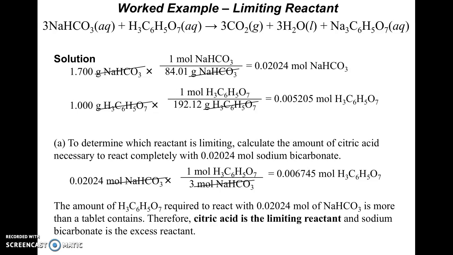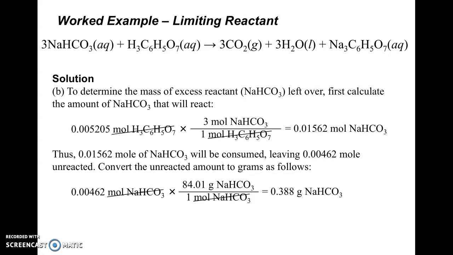You need 0.006745 moles, and that is more than you have, because you only have 1 gram or 0.005205 moles in a tablet. So therefore citric acid is the limiting reactant.